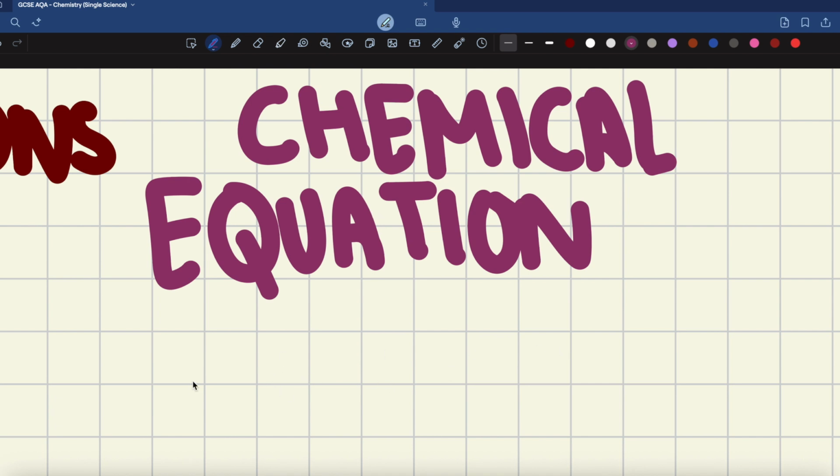Now, it is very important to know some abbreviations before we get to the chemical equation part. There are some state symbols that you need to be familiar with and what they mean. You are going to come across symbols like this.